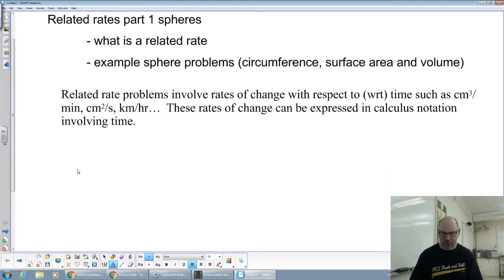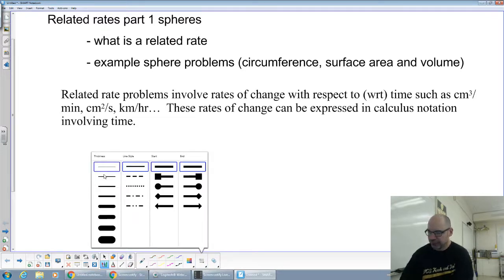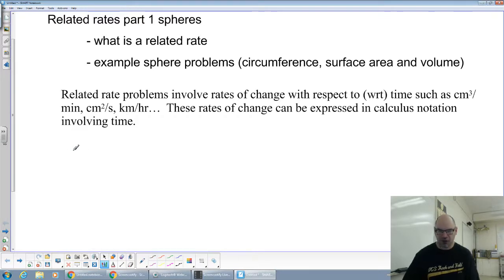So in calculus, we write it like this. Let's get the marker out here. If I was talking about the change in area, I might write it as dA/dt.